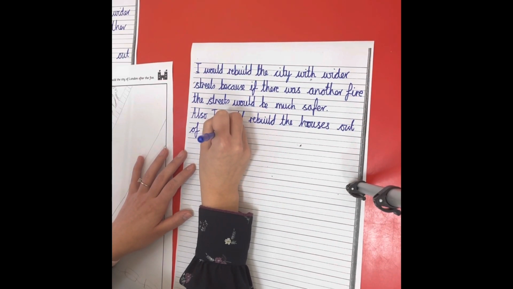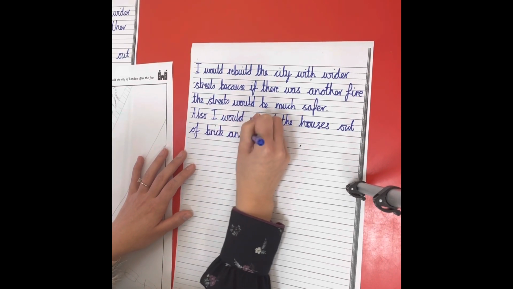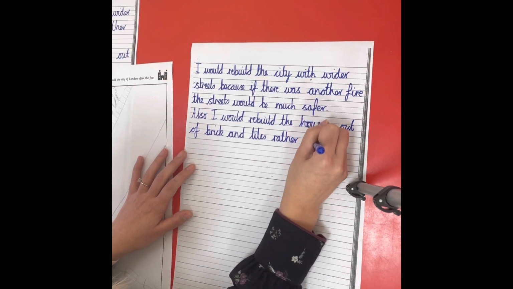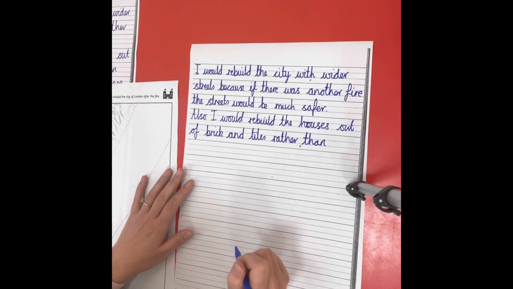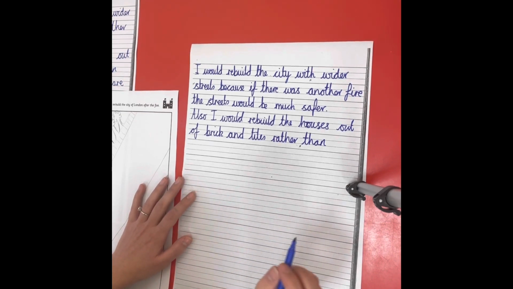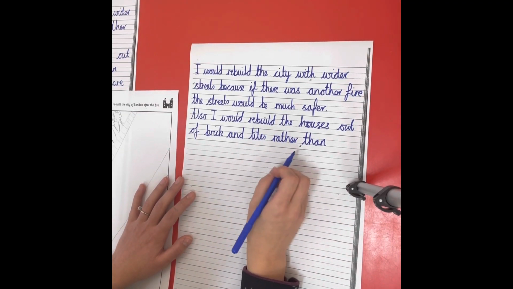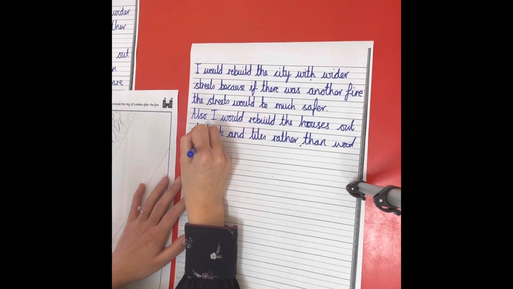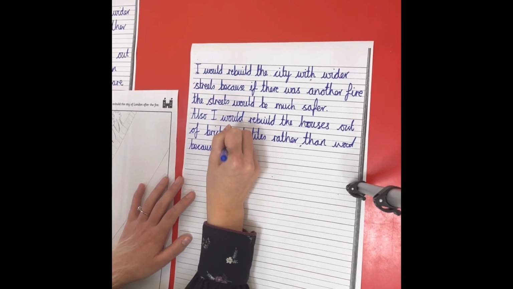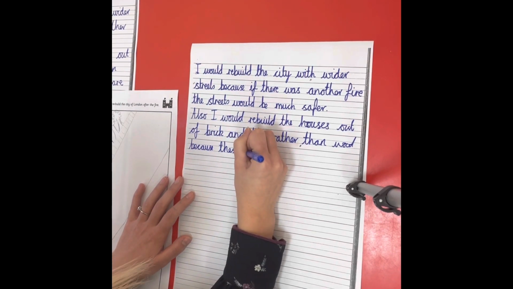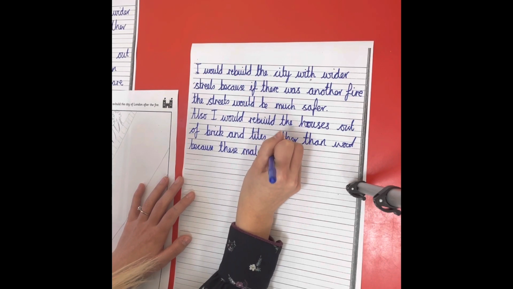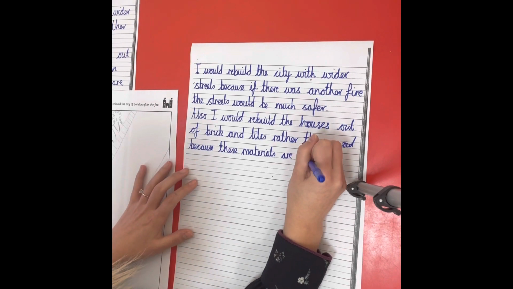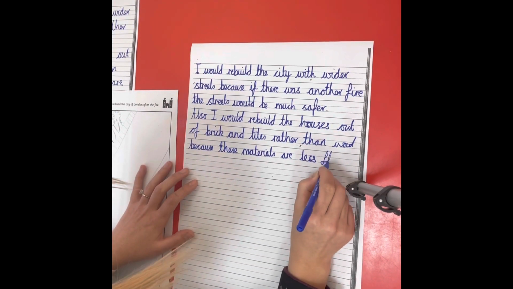brick and tiles rather than, and who can remember what material the houses were built out of? That's right, wood. I would build them out of brick and tiles rather than wood because these materials are less, and then I'm going to use my fancy word, flammable, are less flammable.